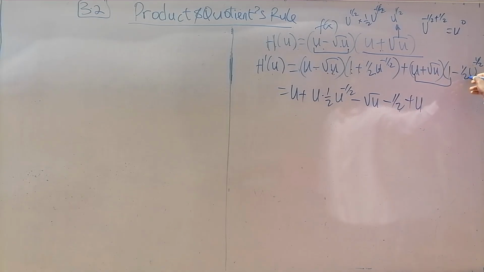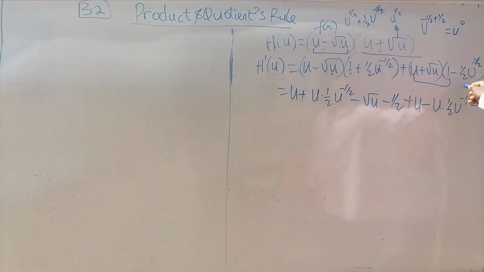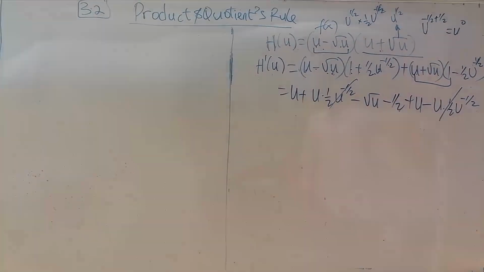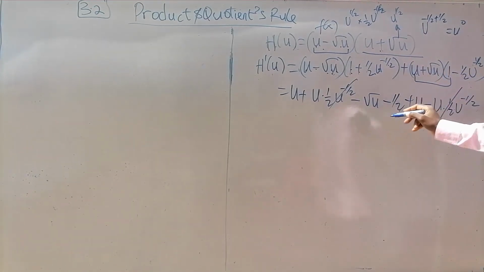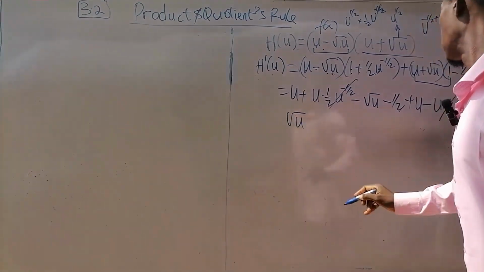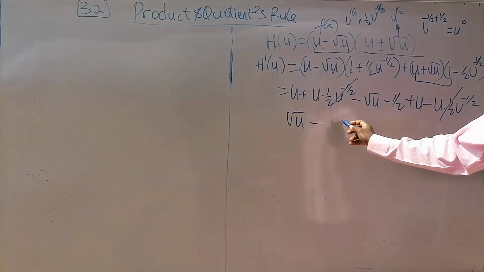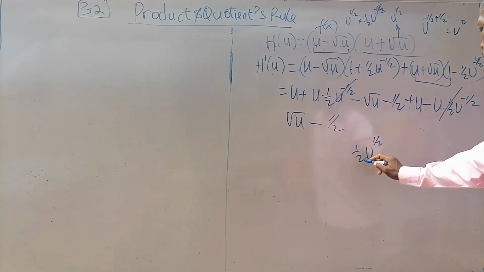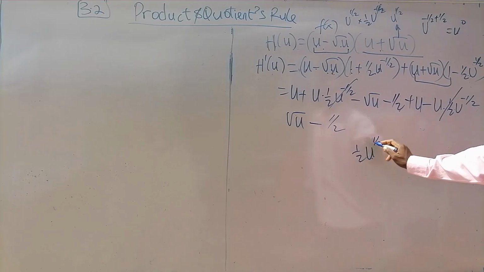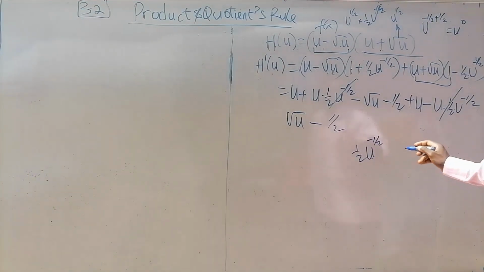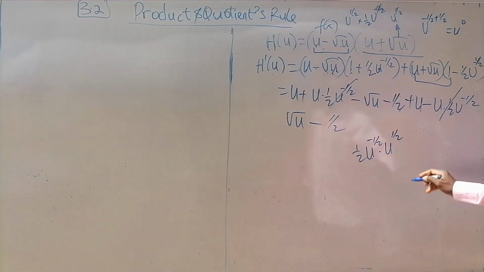This one times this one, that's a minus u times half u to the minus half. So without wasting time, this and this I cancel. Then this one times this one, that's this one. Then this one times this, that's minus half u to the power this, and then times u to the half.